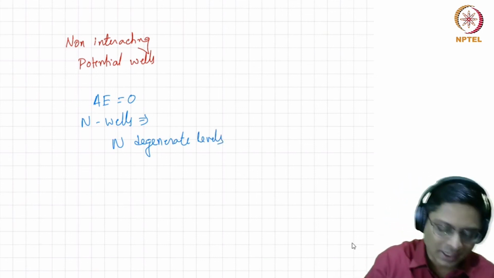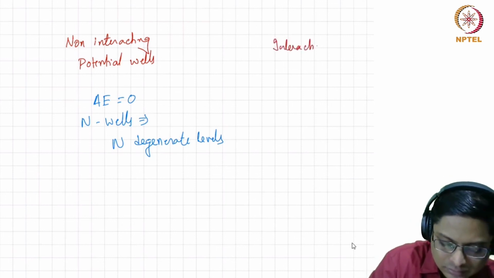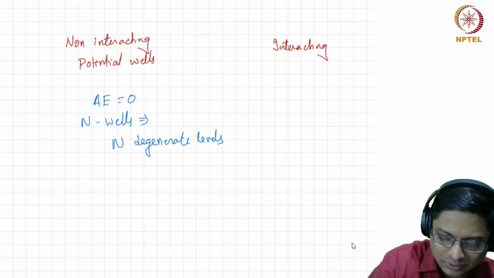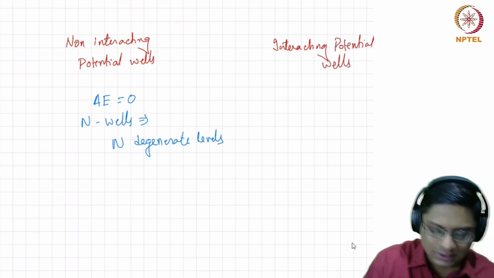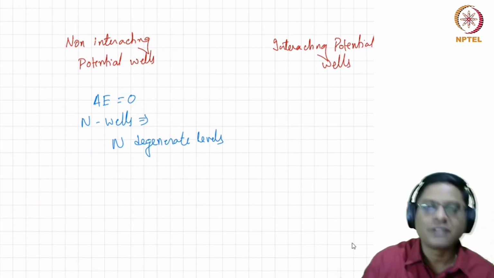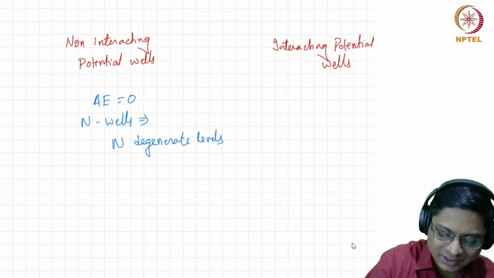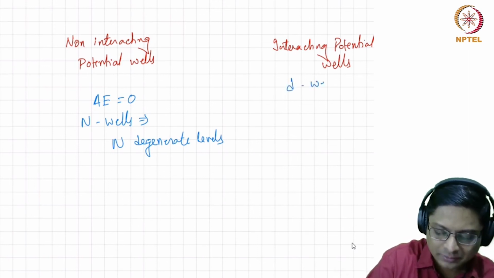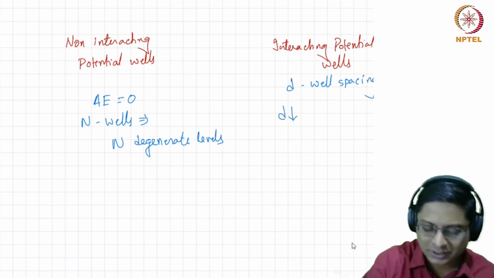But if you have interacting potential wells, then if your interaction is strong, the interaction is basically given by d, the well spacing. If your well spacing d reduces, that implies more interaction.